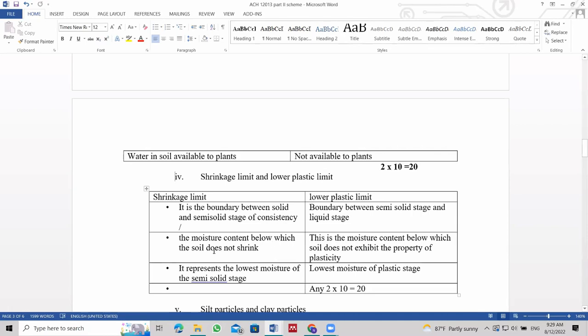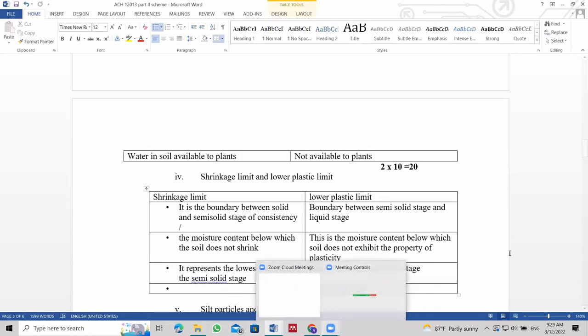And this is the moisture content below which the soil does not shrink, and this is the moisture content below which soil does not exhibit the property of plasticity. And it represents the lowest moisture of the semi-solid stage, and it is the lowest moisture of the plastic stage. So any two is enough.